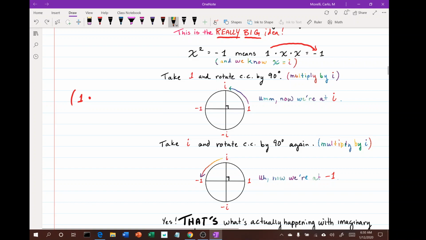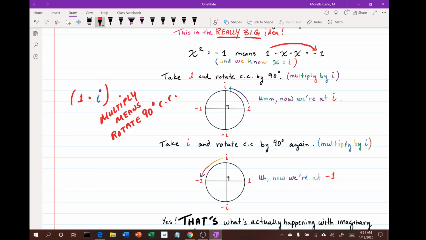Okay, so we're taking 1 and we're multiplying by i. And what that means when we say multiply by i, multiply now takes on a new meaning. In imaginary numbers, multiply means rotate 90 degrees counterclockwise. Okay? That's what multiply means.